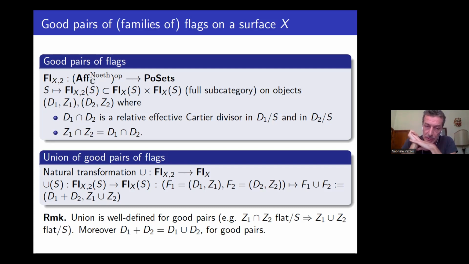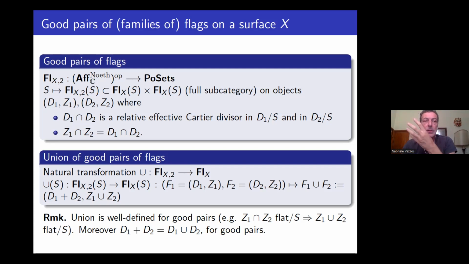So that's one of the reasons why we added this condition. And note also that the sum of the Cartier divisors, under the first condition in the definition of good pairs, is the same as the union. So you can define the union of subschemes or the sum of Cartier divisors, and they are the same as schemes.